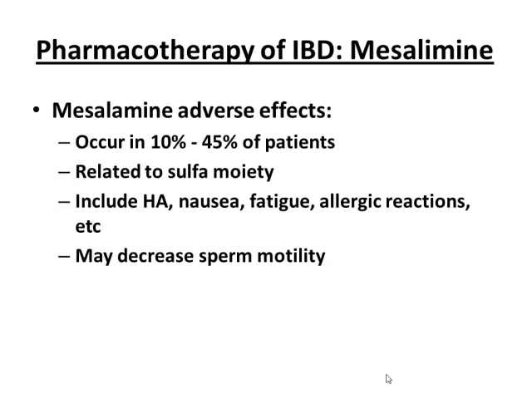It occurs in quite a lot of patients, 10 to 45%, and that's related to the sulfur moiety that it has. And those include the list here like headache, nausea, fatigue, allergic reactions, etc. Also, it may decrease sperm motility. Exactly why that is, I don't know, but perhaps it's the proximity to the testes where it gets applied.